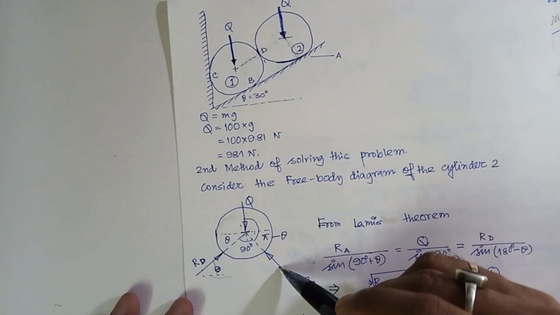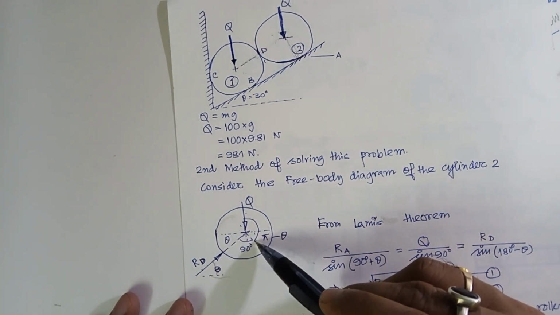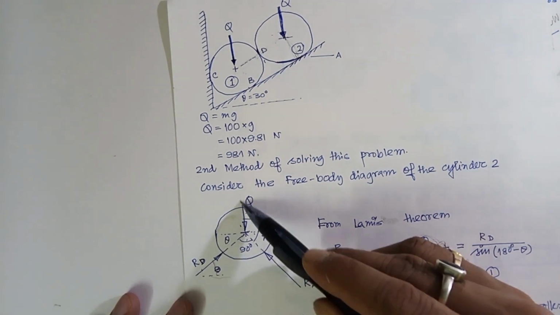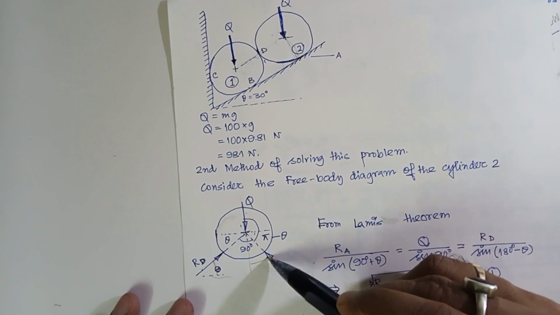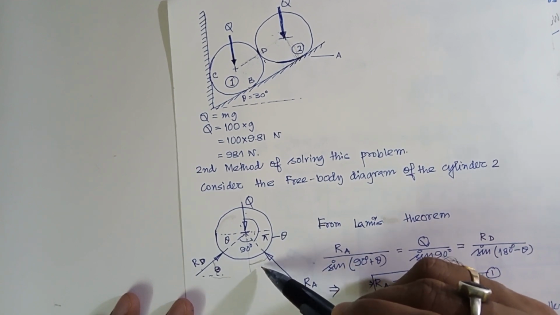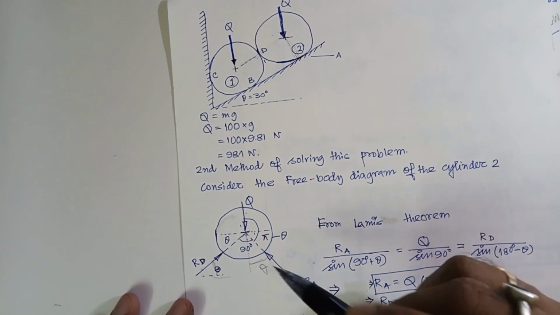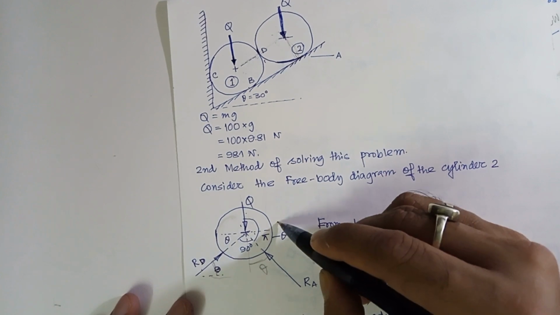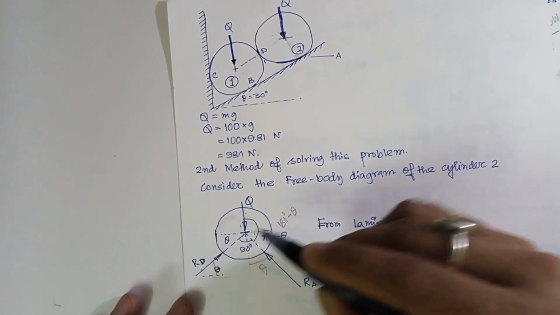Therefore this force and this force, they are perpendicular to each other, therefore this angle is 90 degree. And Q, this one, therefore Q is vertical. Now since you see that this angle is how much? This angle is theta, because this is theta, so this will be also theta. Therefore this will be pi minus theta, or you can say 180 degree minus theta, this angle.